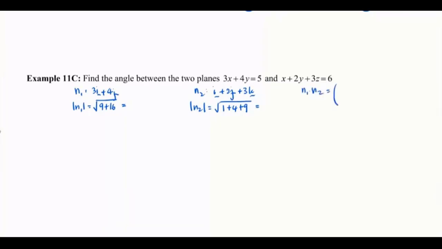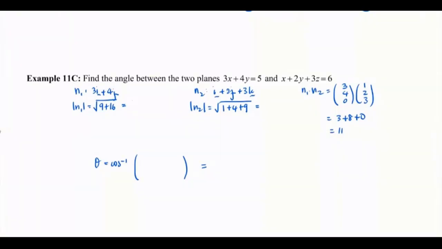Cari dulu N1, cari dulu N2. Okay, magnitude N1 dapat berapa?